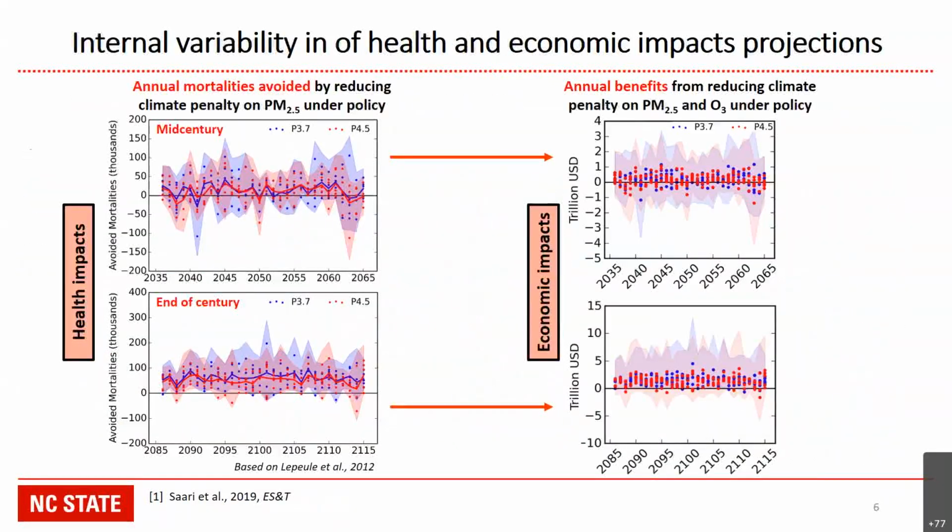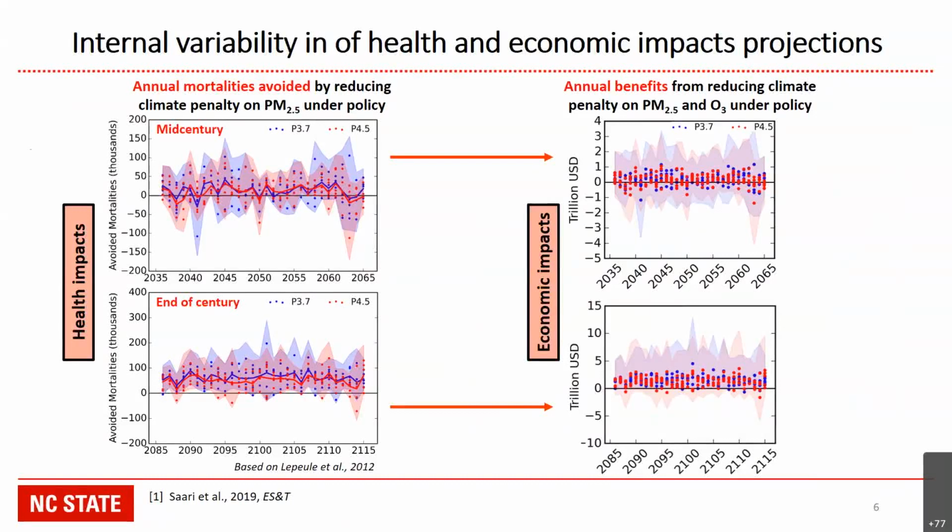As I said, we've taken this and calculated annual mortalities or different health outcomes associated with a changing climate. And so the figures here on the left just show you avoided mortalities. Each point is an individual ensemble member. And we do that for the 30-year time slices, so we're showing this relative to the start of the century, at mid-century and end of century.